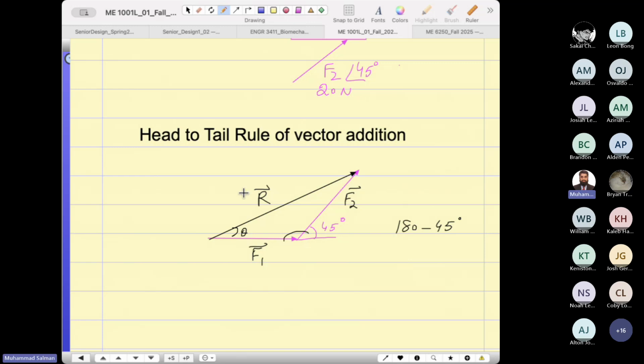Can you type in the chat box what this angle is if it is 180 minus 35? 135. That's good. So you have understood this is 135 degrees.